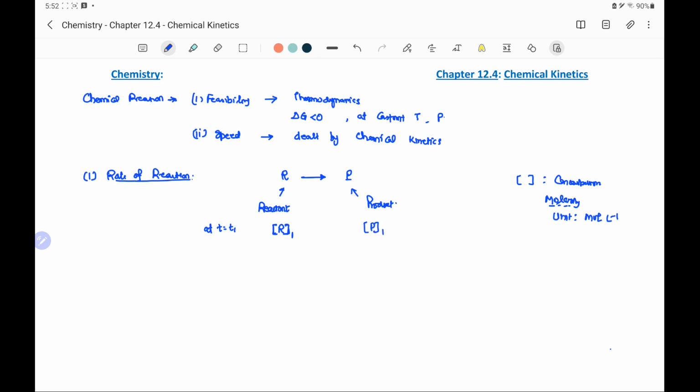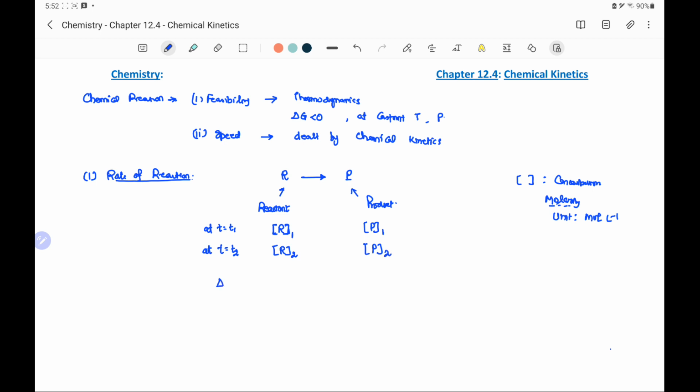So at time t equal to T1, suppose the concentration of the reactant is R1 and the concentration of the product is P1. 1 refers to the time T1, and after some time, at time instant T2, the concentration of the reactant becomes R2 and of the product becomes P2.